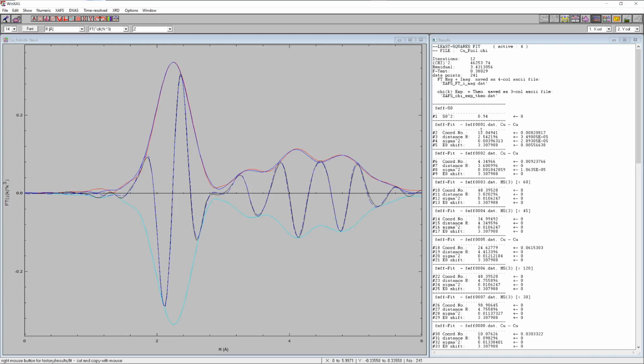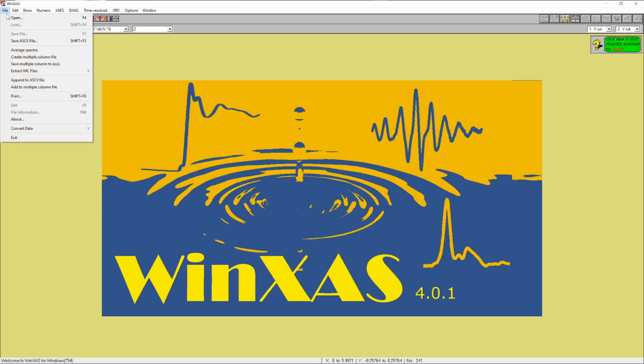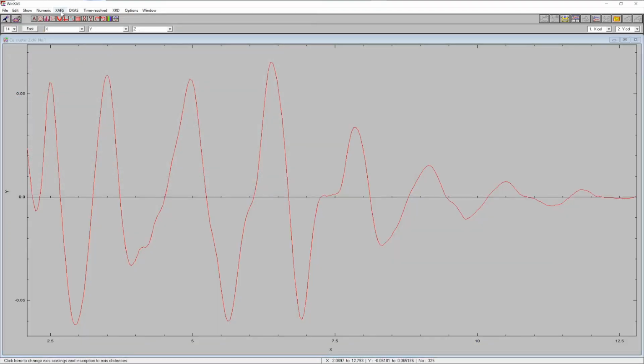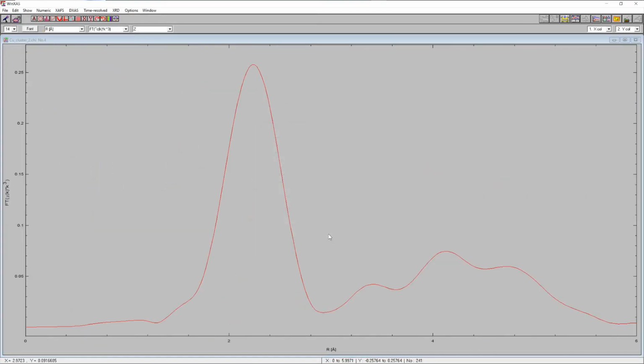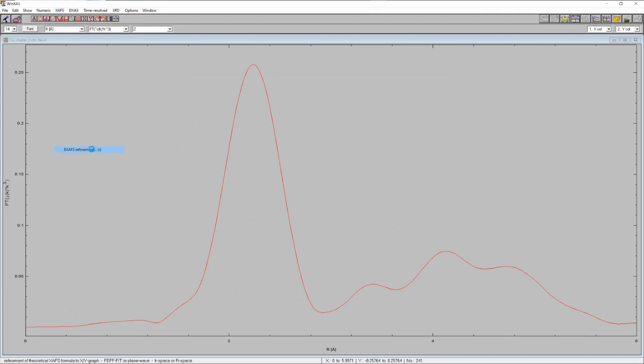And so now we can transfer this approach to the analysis of the copper clusters and see what results we get from this refinement, and compare this to the results of the first shell analysis. So let's open the spectrum of the copper clusters, Fourier transformation, and now we can jump right to the EXAFS refinement.